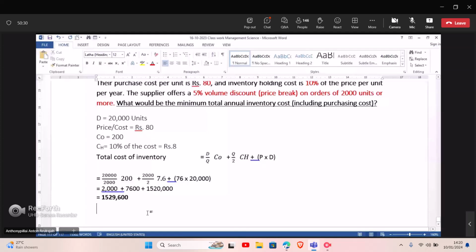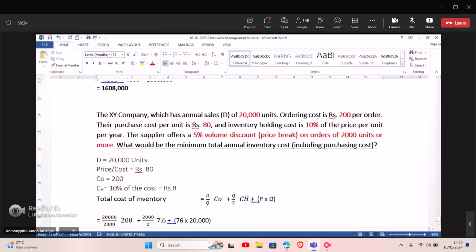So can you see the board, students? Yes, sir. Right. So the demand is 20,000. Ordering cost is 200. Price is 80. And inventory holding cost is 10% of the price.